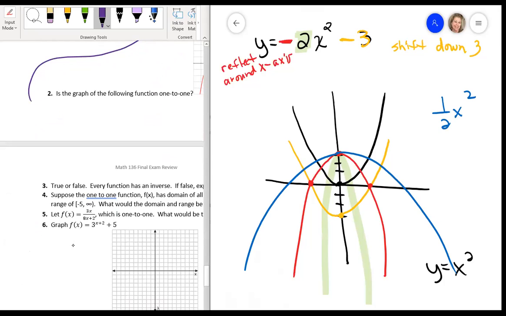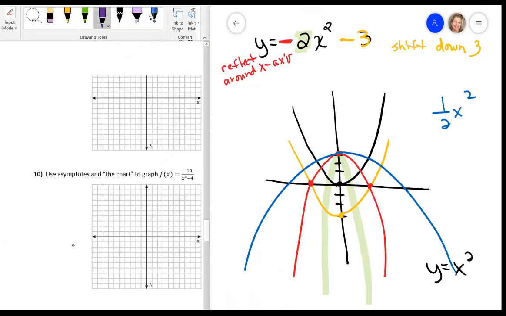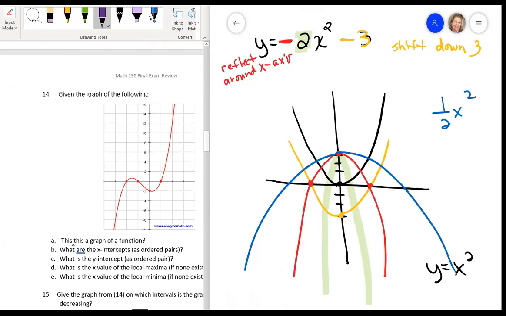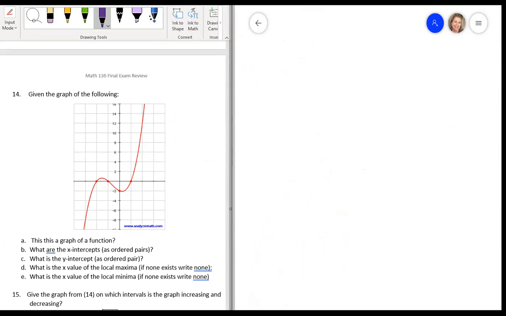Can we do number 14 on test 3? Yes. I think that's supposed to say, is this graph the graph of a function?